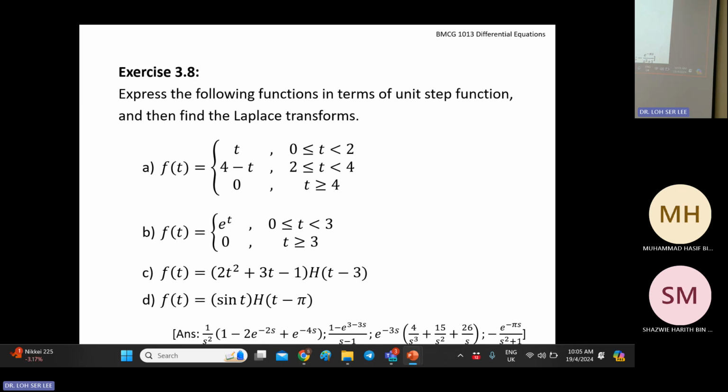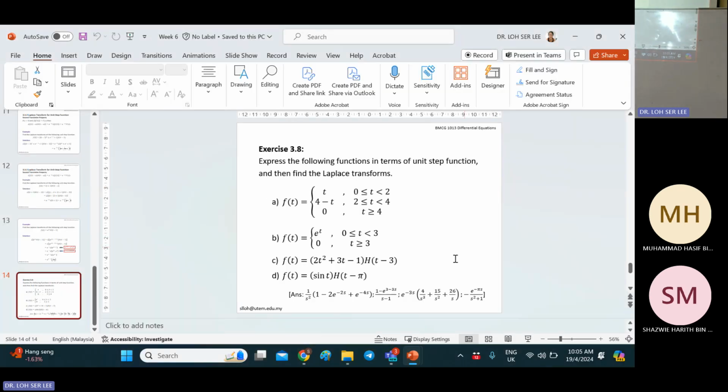C and D. Find the question B and D. We continue to that.